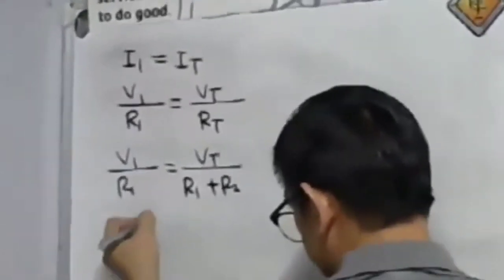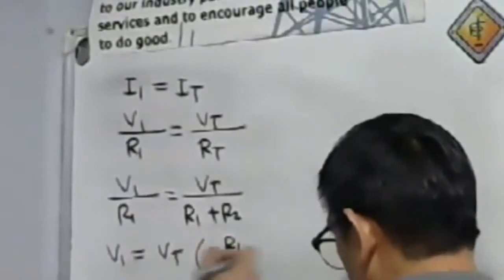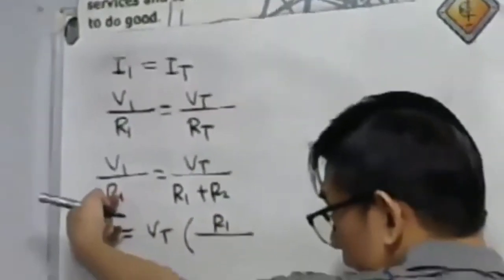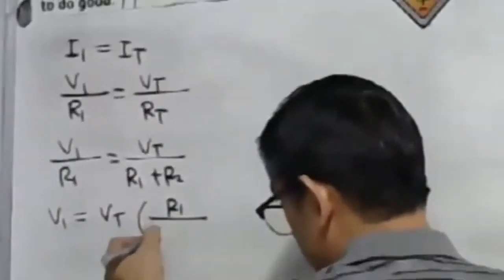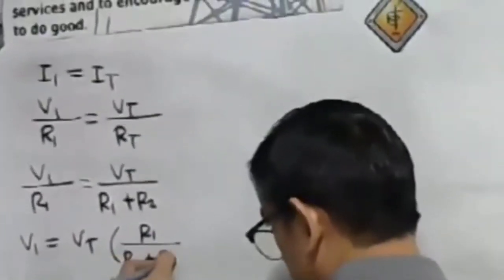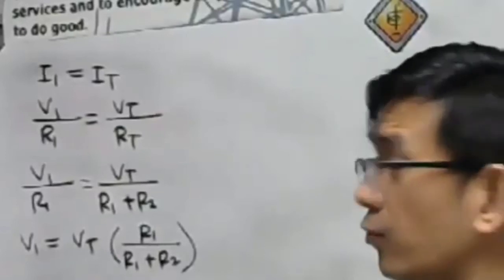Our V sub 1 is simply equal to V total multiplied by R1, so we cross multiply R1 over R1 plus R2. That is our equation for V sub 1.